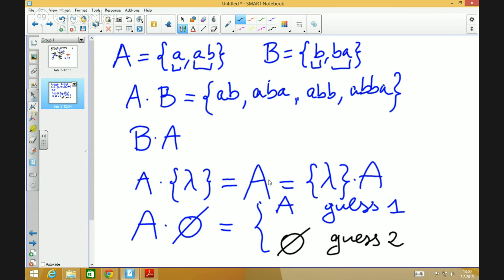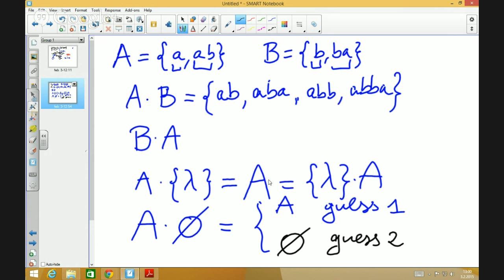Why? So let's think about it. A concatenated with the empty language is by definition what? It's the collection of all of the strings that you can build by doing the following two steps. Take a string from A, U. Take a string from the empty set, V. Concatenate them together.